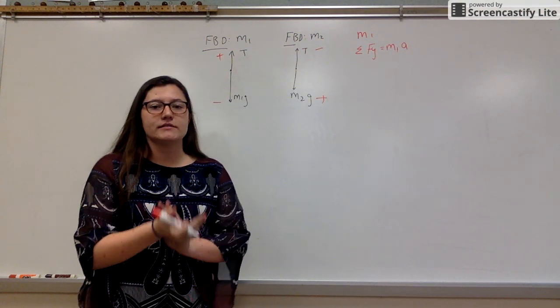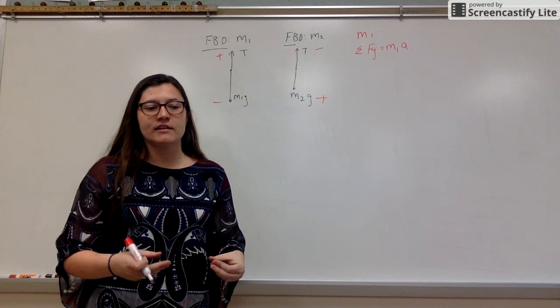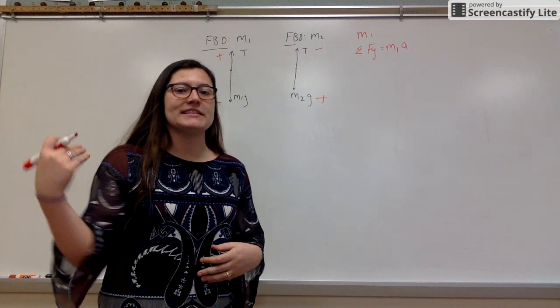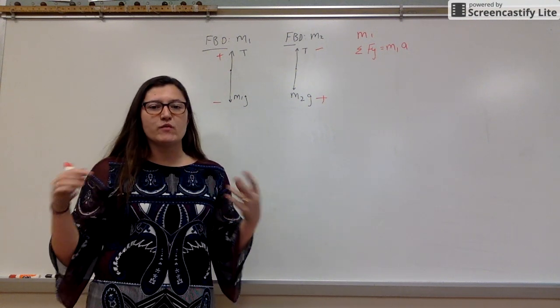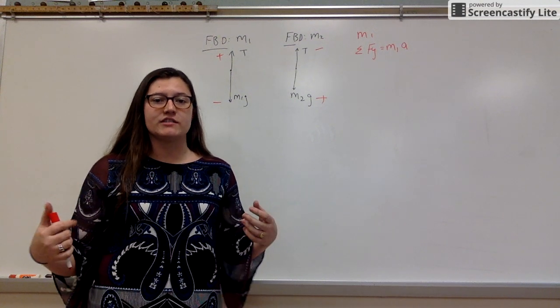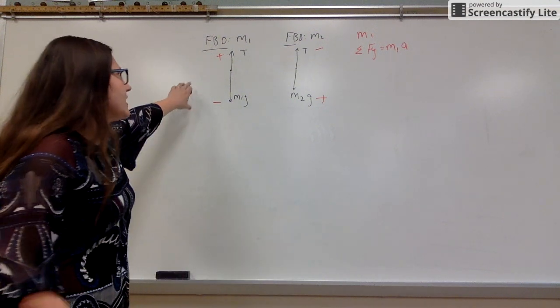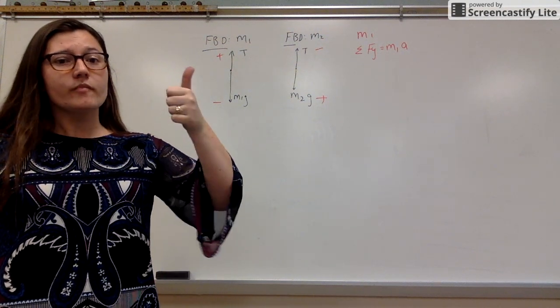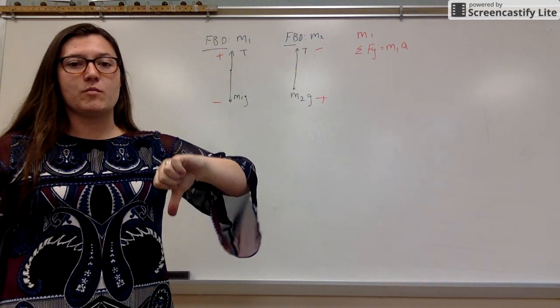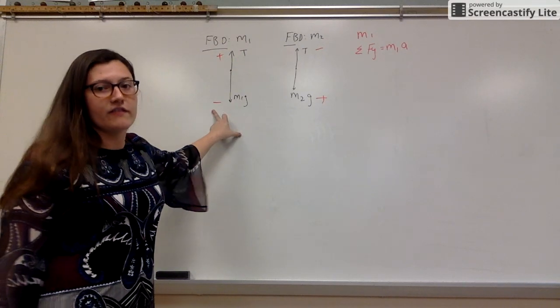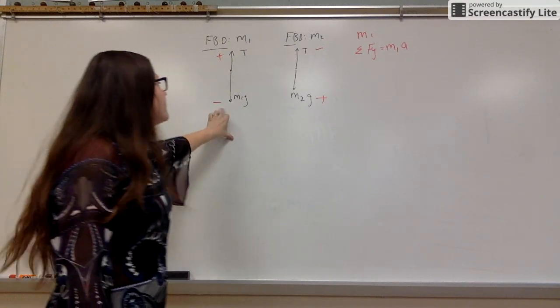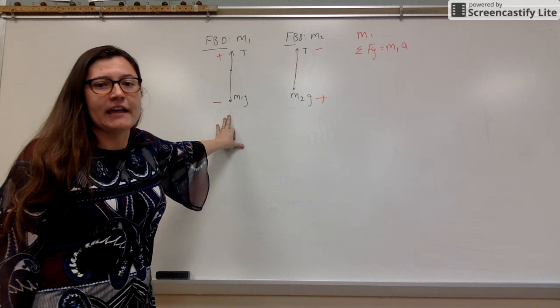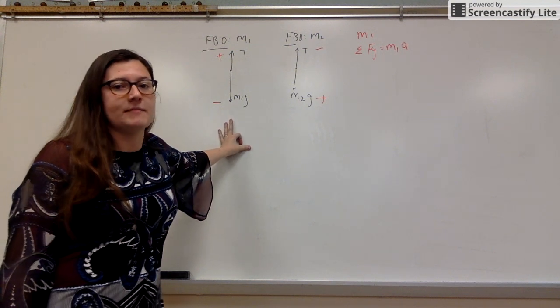Under the second law, F equals ma, the sum of the forces in the y direction is going to equal m1 times the acceleration, which will be the same for both masses, again in opposite directions. For m1, we have the force of tension, positive, pointing up, and the force of gravity, negative, pointing down, according to our frame of reference. So we have T minus m1g is equal to m1 times a.